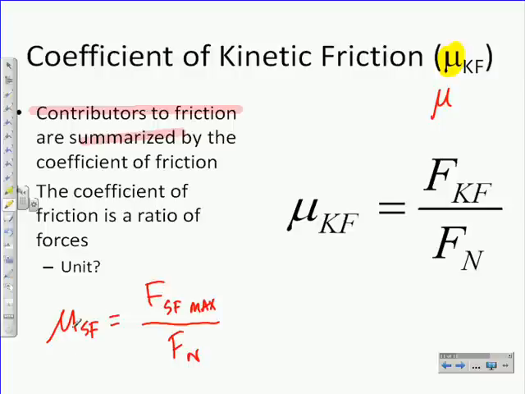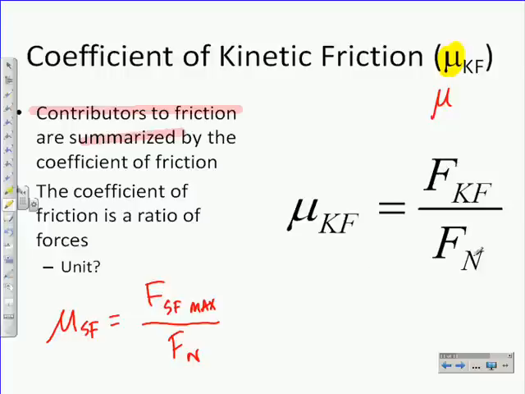The mu value does not show up on a free body diagram. It doesn't show up in the problem, but it does allow us to calculate how much frictional force actually exists in a situation so that we can then make predictions about what's going to happen, when is this object going to move, how can I move it with a constant velocity, etc., etc., etc.